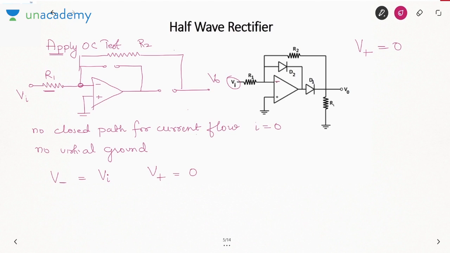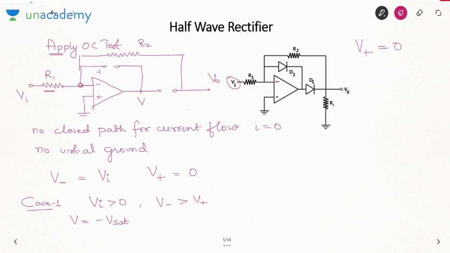So there are two cases. Case 1, if Vi is greater than 0. Let me call the output voltage V. In that case, the negative terminal voltage is greater than positive terminal voltage. If negative terminal voltage is higher, V will be equal to minus Vsat.